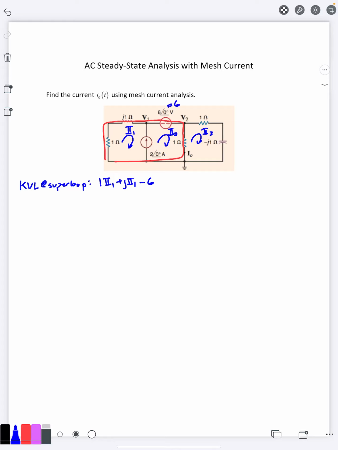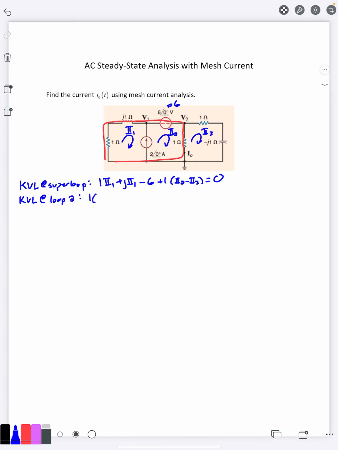If it had been something like 6 angle 90, I'd have to put it into 6j or whatever it may be. Continuing on here, we now have 1 times I2 minus I3 equals 0, so that's my first equation. Then I can do my KVL at loop 2.